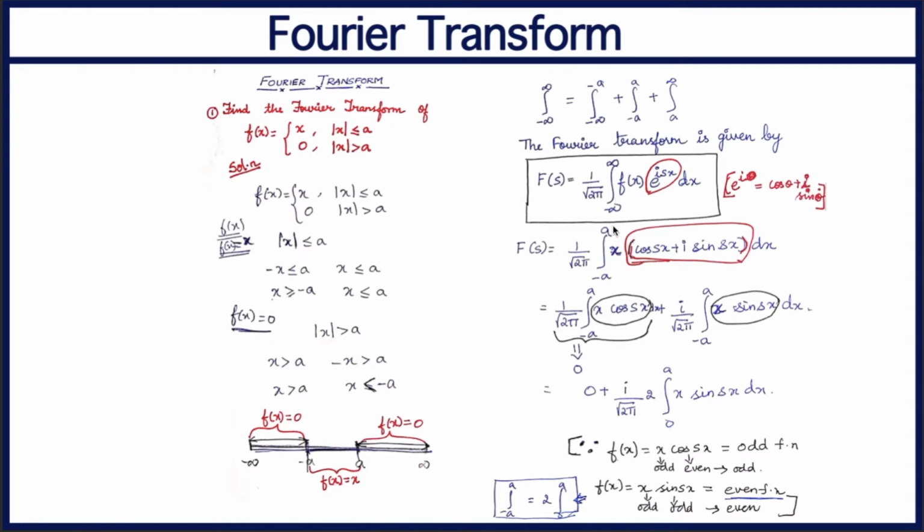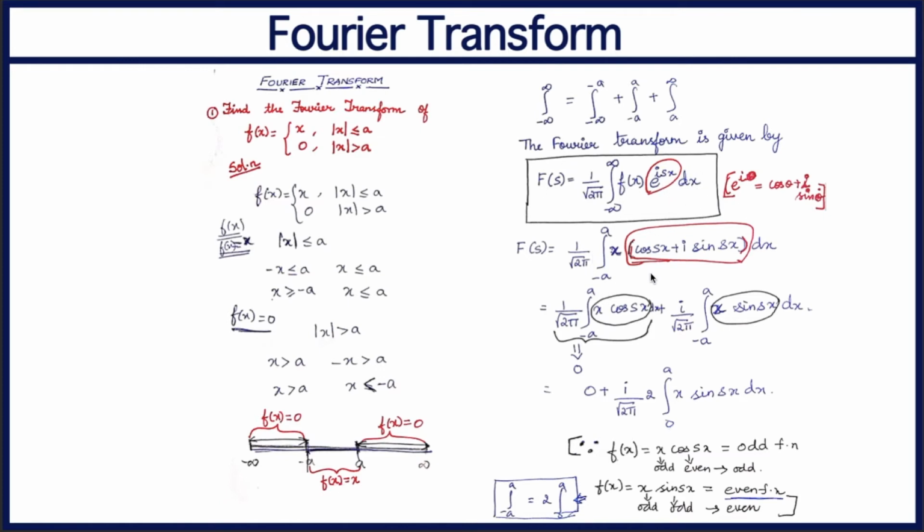So we are writing f of x is equal to x, and then e power isx, that is e power i theta, that is cos theta plus i sin theta. Instead of theta we have s into x, so cos sx plus i sin sx into dx. When it is a Fourier transform, it is dx. When it is an inverse Fourier transform, the formula will differ: f of x is equal to 1 by root 2 pi integral minus infinity to infinity, instead of f of x we have capital F of s e power minus isx into ds. So do remember, for the Fourier transform it is dx.